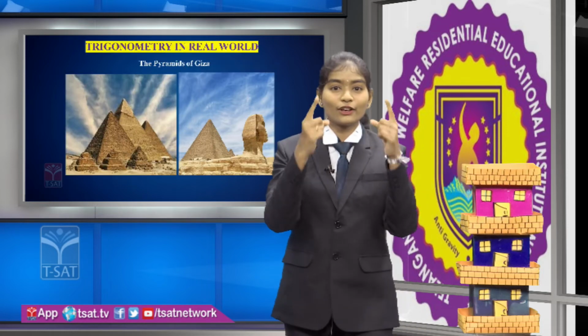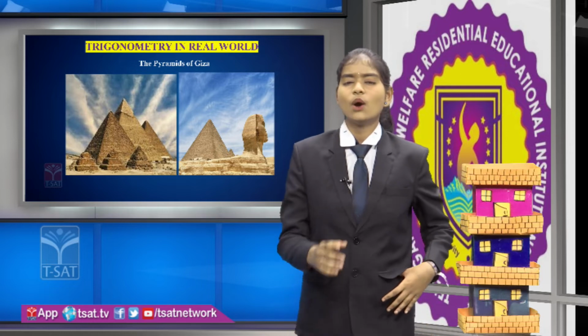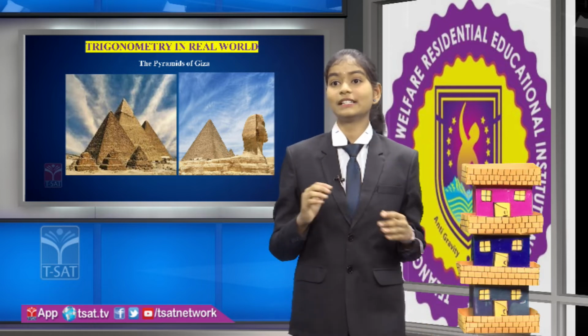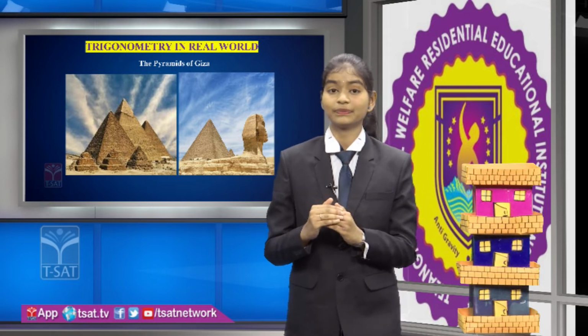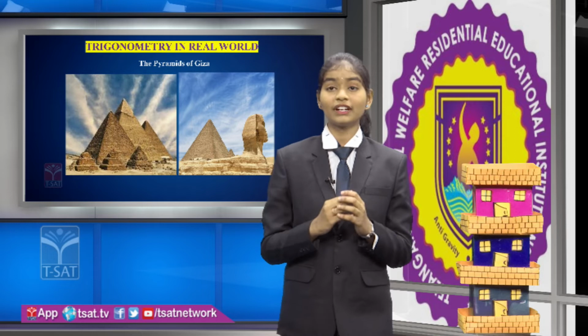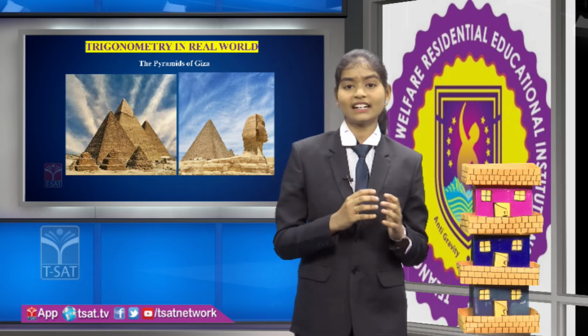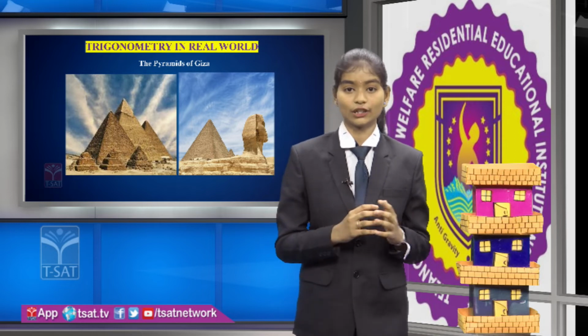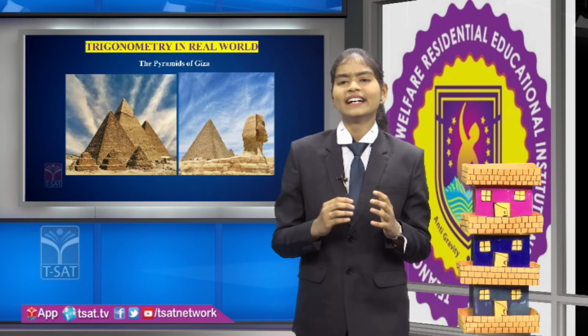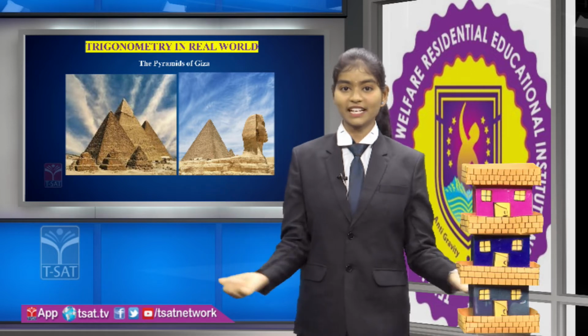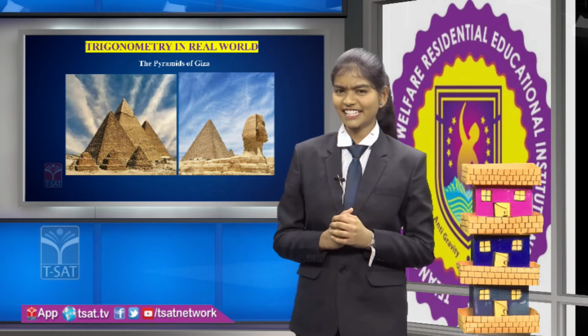Friends, I think you all know the 7 wonders of our world, isn't it, friends? One of the 7 wonders, the Egyptian pyramids, the Pyramid of Giza, is located in Egypt. The primitive forms of the pyramids were constructed by using trigonometry. And friends, there are many famous places in our India, isn't it, friends?